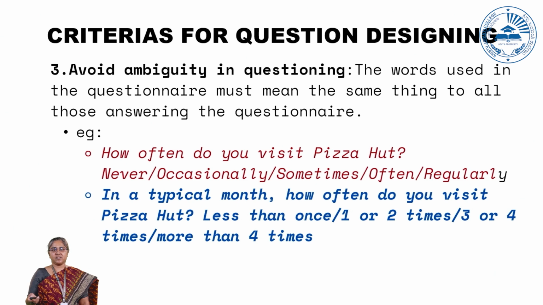So it is advised that you reframe it in such a way that there is clarity in what is being stated. So you can reframe it as, in a typical month, how often do you visit Pizza Hut? Less than once, 1 or 2 times, 3 or 4 times, more than 4 times. So this is the third criteria for question designing.